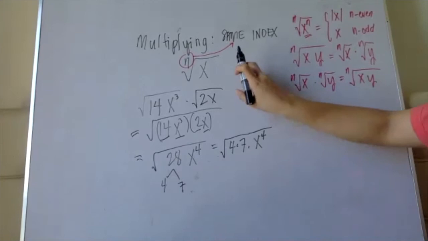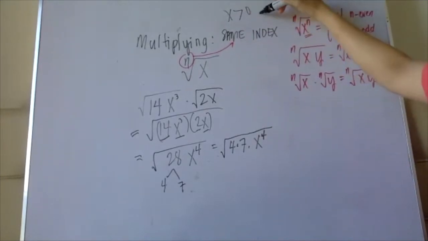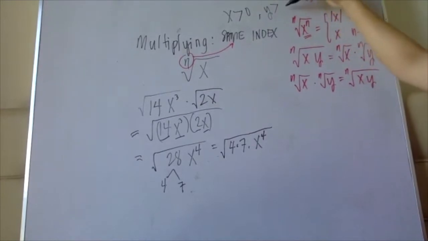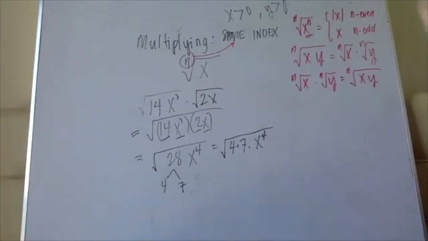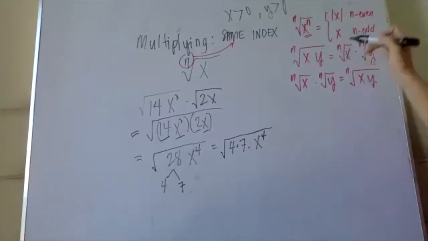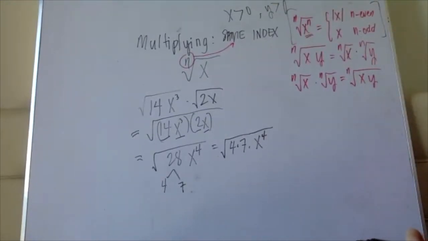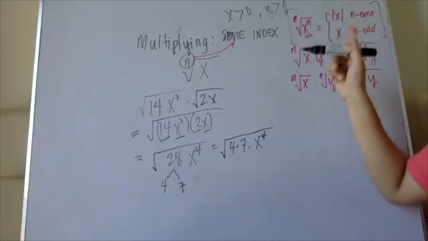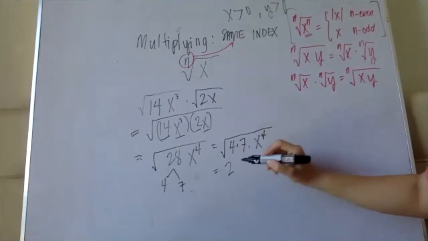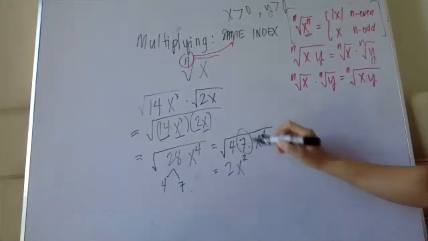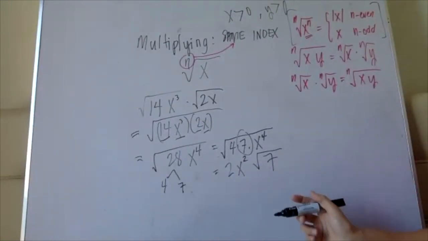I forgot to mention, when it comes to multiplying and dividing, we will just assume that all the variables we use are positive integers only. Okay? So we won't mind that anymore, because in your exam, you won't be tricked this way much. Okay, so here we have this, we can take out the 2, we can take out the x squared, leaving only the square root of 7. Any questions here? None, right?